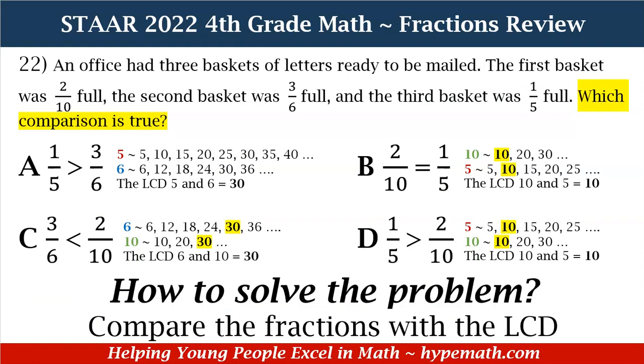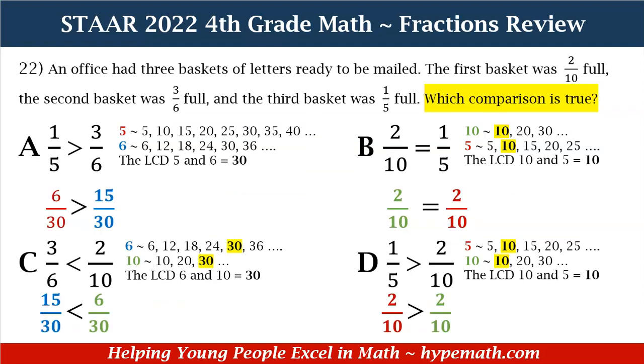So now that we have all of the information we need to solve the problem, the next thing we're going to do is ask ourselves, how do we solve this problem? And it's the same thing. We're going to compare the fractions with the LCD, or the least common denominator, with our equivalent fractions. So let's take a look. For A, we have 1/5 is greater than 3/6, but we're going to focus on our equivalent fractions that have the LCD, okay?